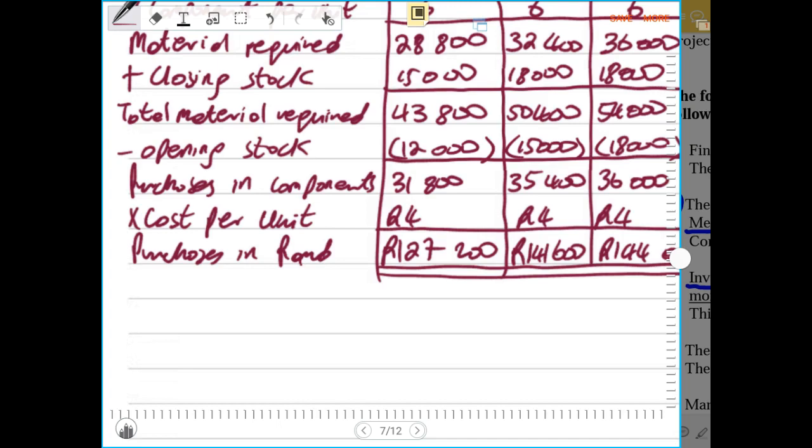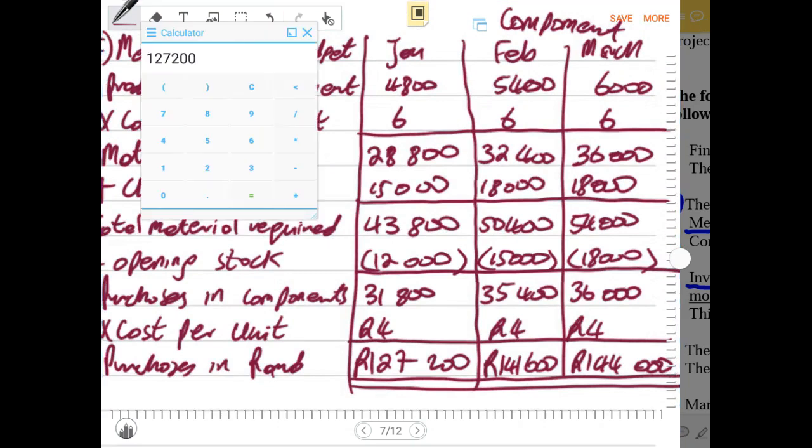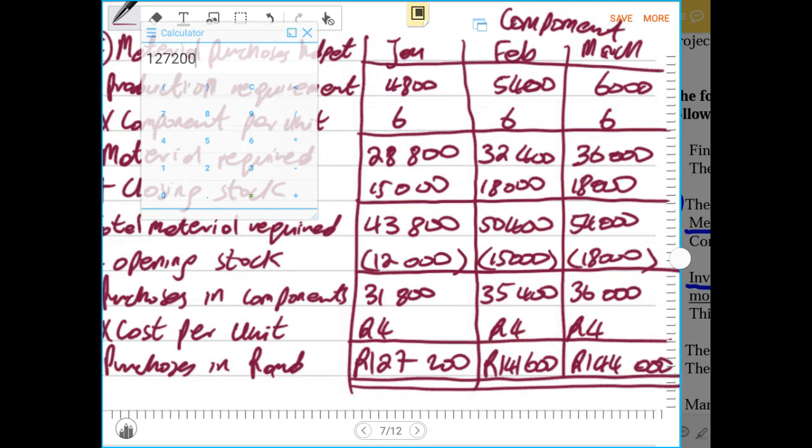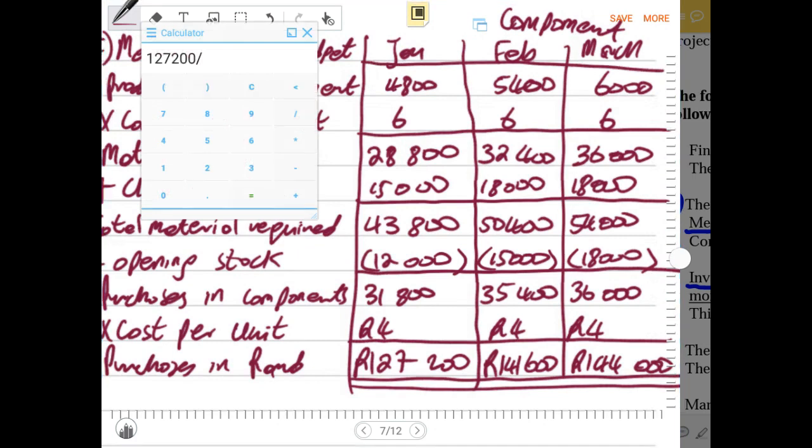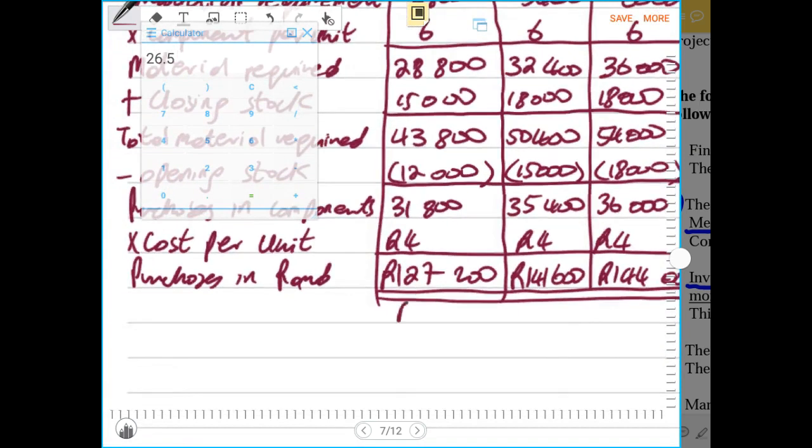So now I have covered the aspect that was very critical, and let me just do the cost per unit only for the month of January for this component, which is 127,200 divided by production of 4,800. This will be 26 rand 50 cents. Don't write this, I just want to check some calculations.